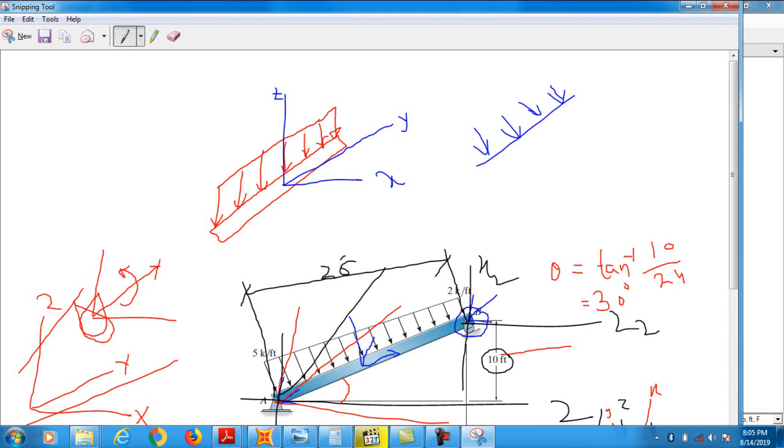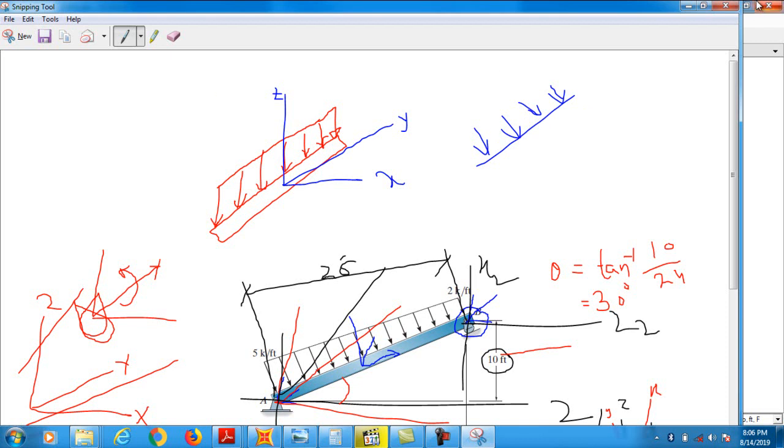So for that purpose, I need to identify the local axis first of all, and if none of the local axes, whether x, y, or z, is perpendicular, then I rotate my local axis to make one axis of the local axes perpendicular to the line element, frame or beam.